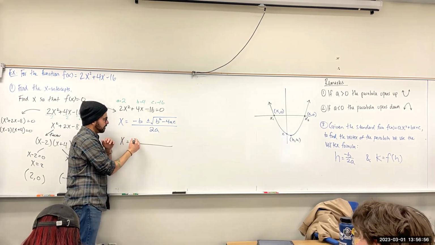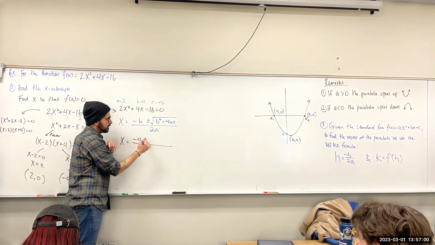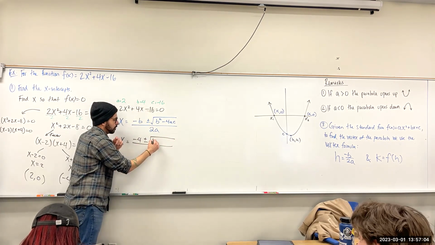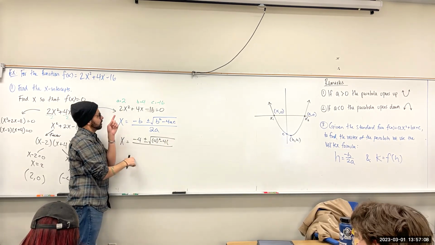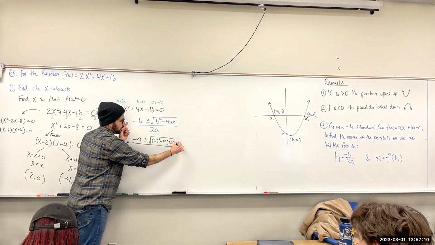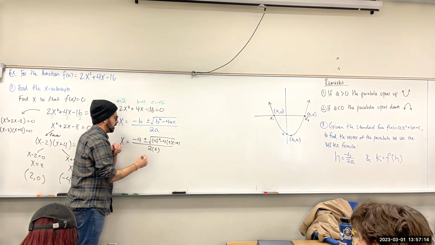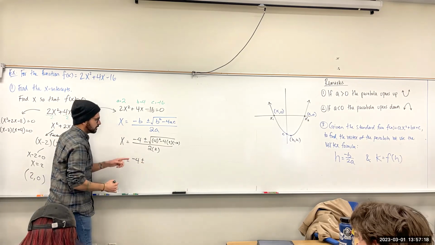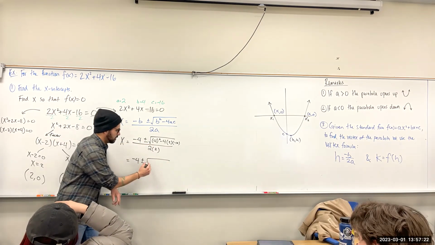So it's -4 plus or minus the square root of 4 squared minus 4 times 2 times -16, over 2 times 2. Okay, so then we keep going. -4 plus or minus, let's see, what's that, 16?